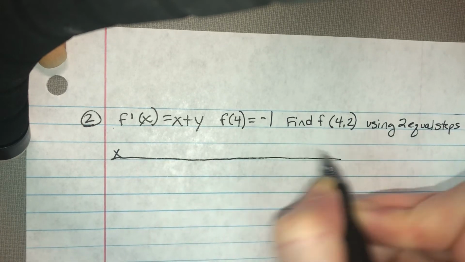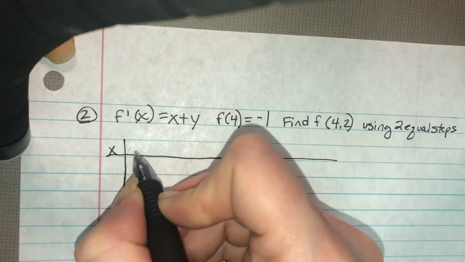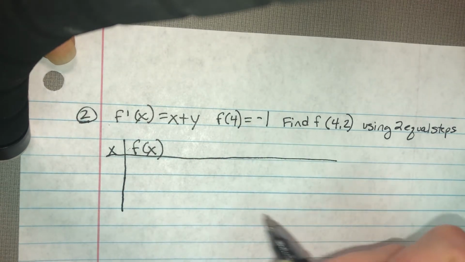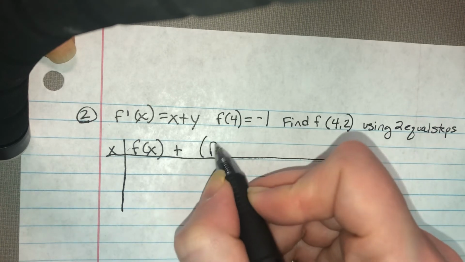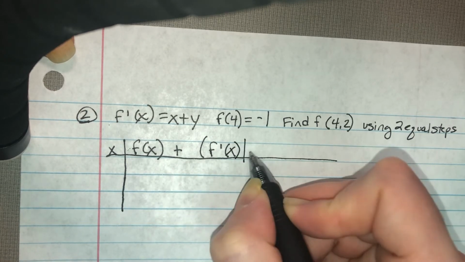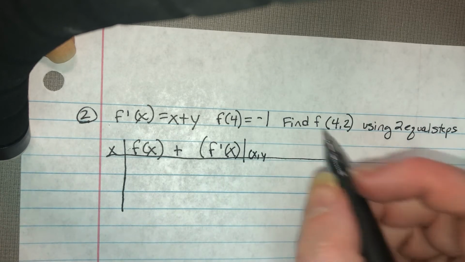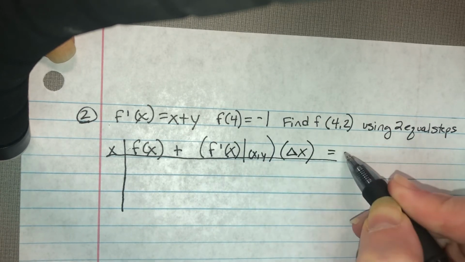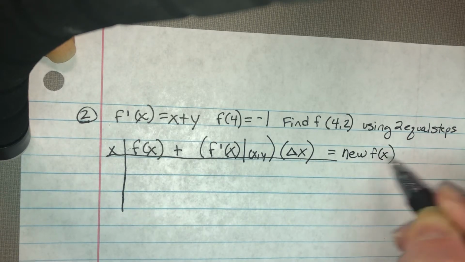We're going to say x is the first heading, and then we'll go f of x, where we had y of x before, plus, before we had dy dx, so we'll go f prime of x such that we're on the point xy, and then we'll multiply that times delta x to get our new, we said new y value, so we'll say new f of x value here.